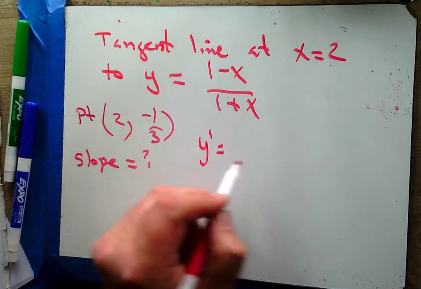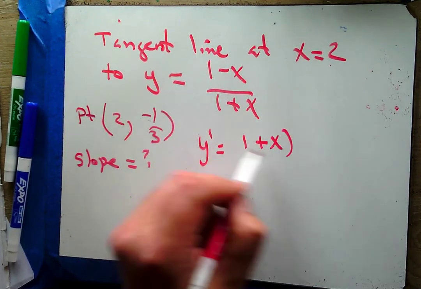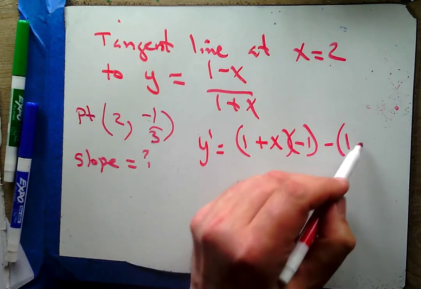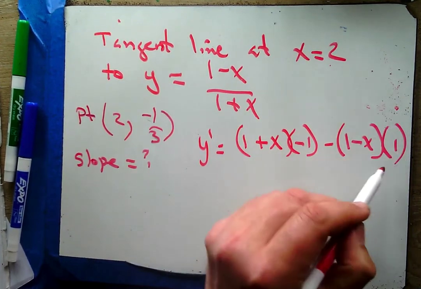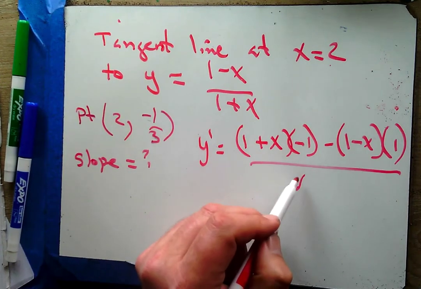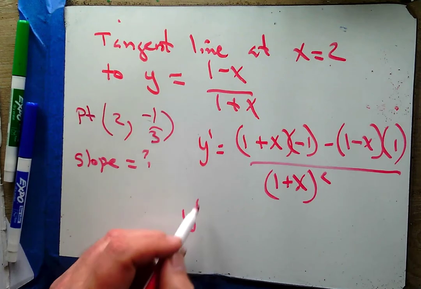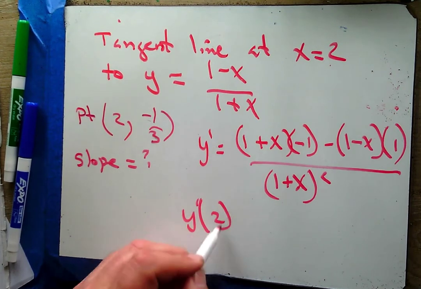So y prime is going to be low d high minus high d low all over low squared. And remember, we want y prime of 2.